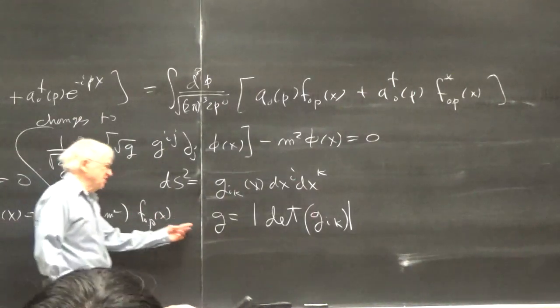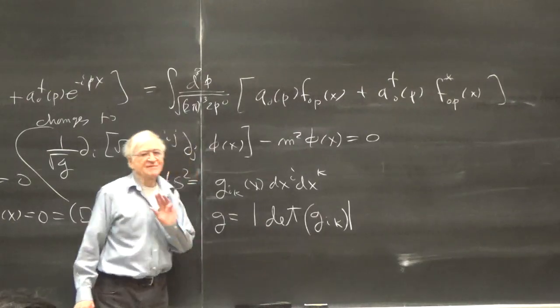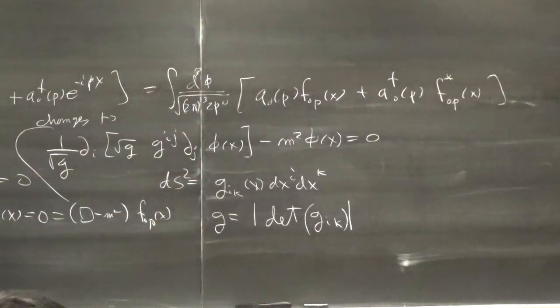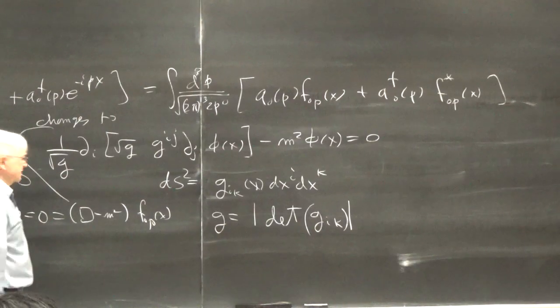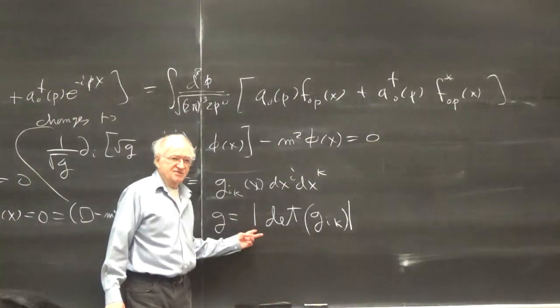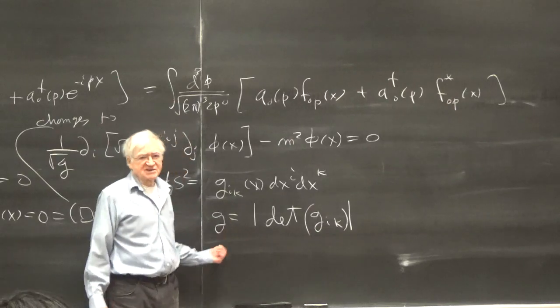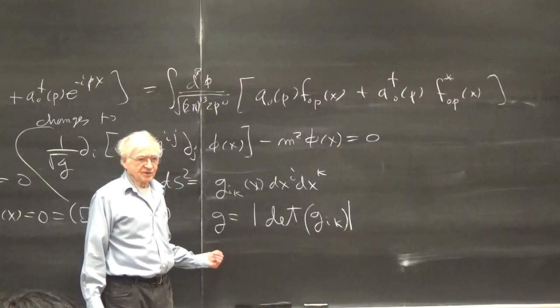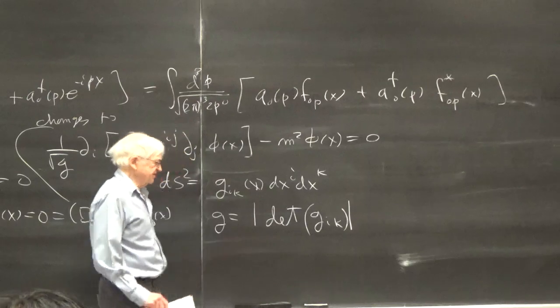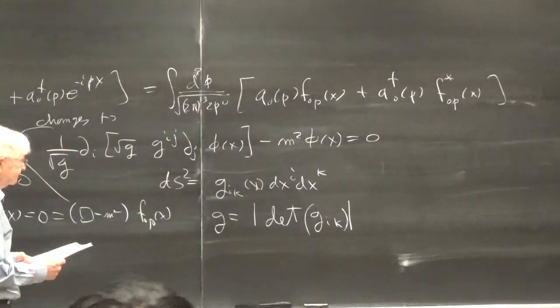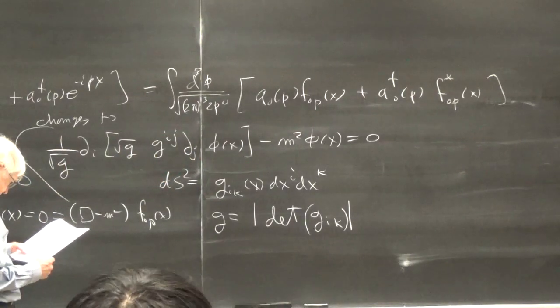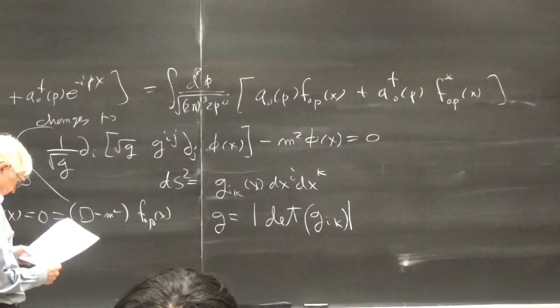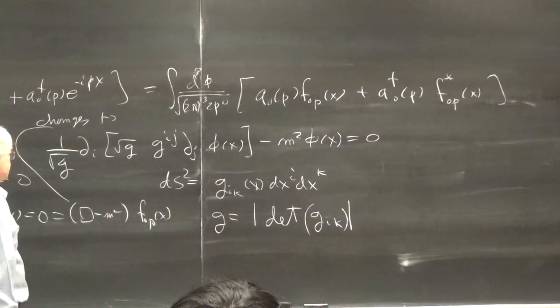Some people call G the determinant of the metric, and then they have minus G in all their equations. I think that it's better to get rid of the minus sign once and for all, and since we're going to define G anyway as something new, we might as well define it as the absolute value of the determinant.